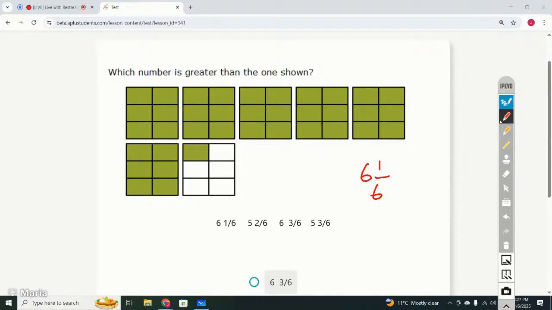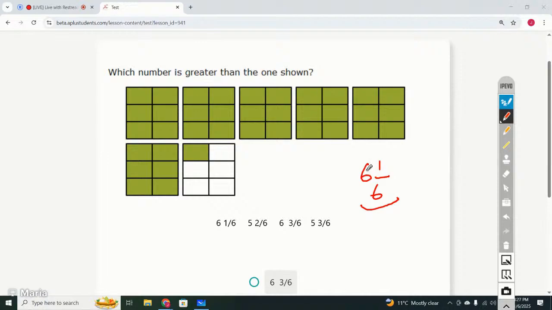So that is 6 whole 1 by 6. We need to find the one that is greater than 6 whole 1 by 6.